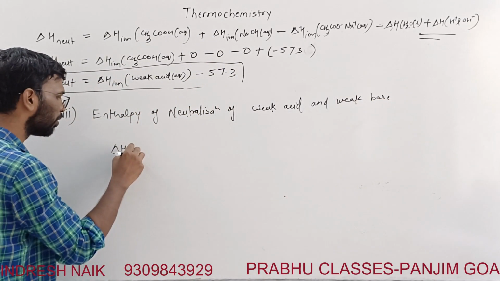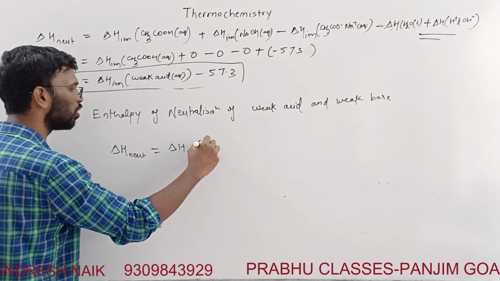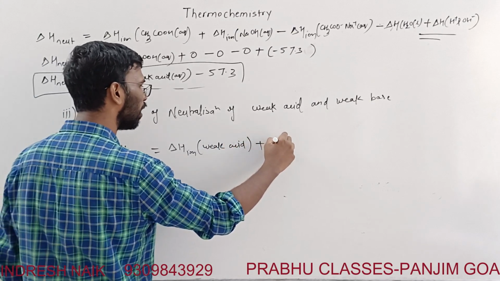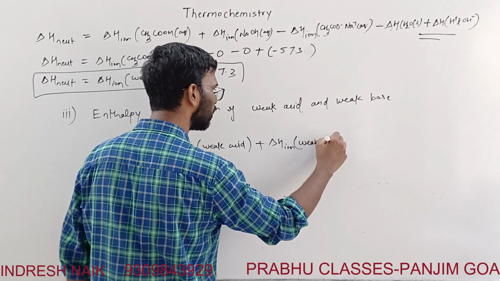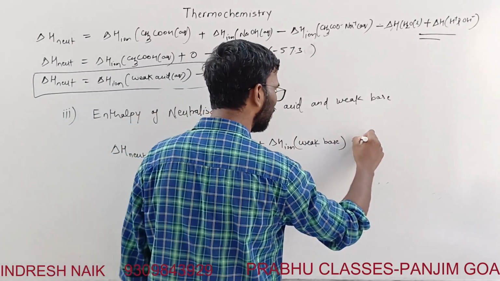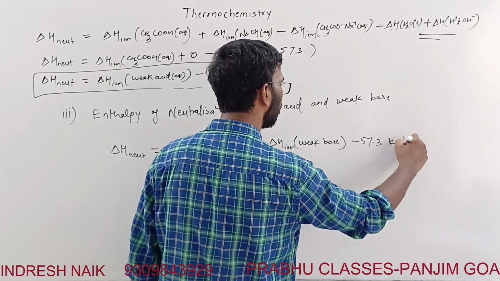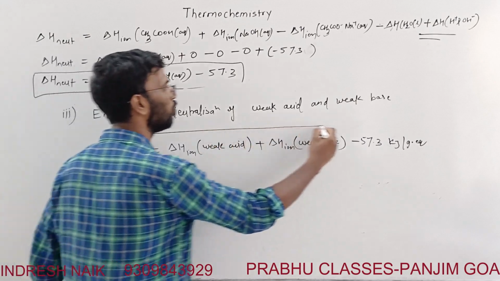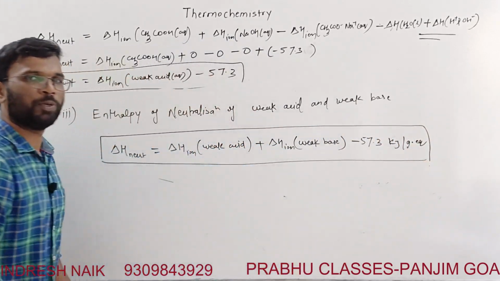Delta H neutralization will be enthalpy of ionization of weak acid plus enthalpy of ionization of weak base in aqueous medium. All these are in aqueous medium, minus 57.3 kilojoules per gram equivalent. So this is the formula for the weak acid and a weak base. So these are the enthalpies of the neutralization.